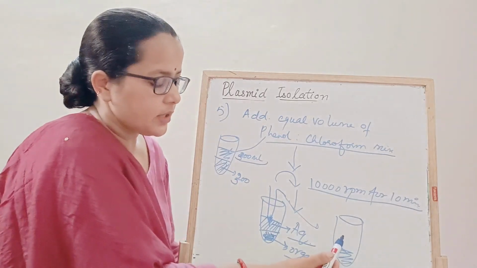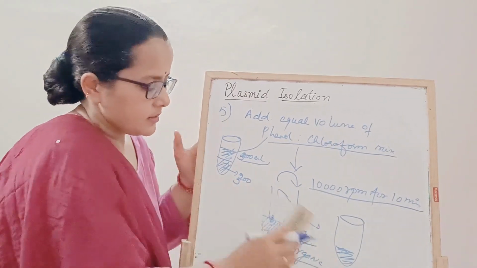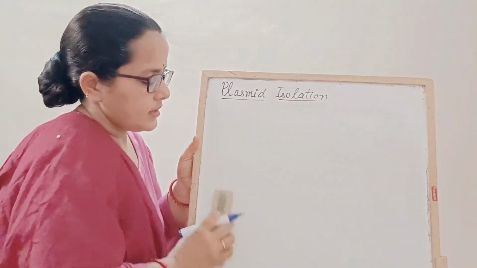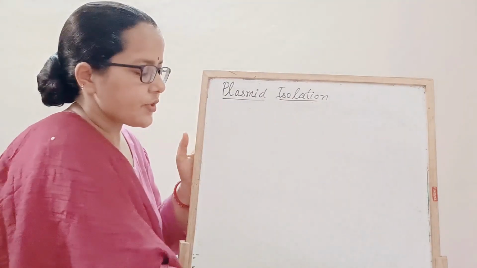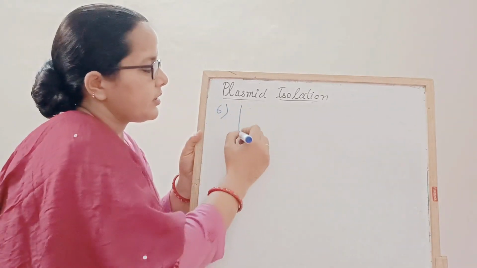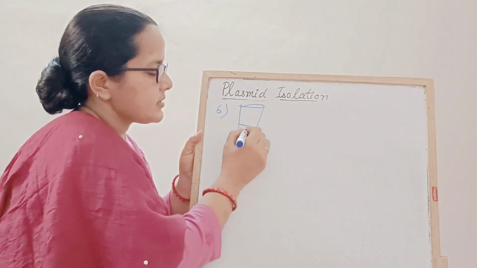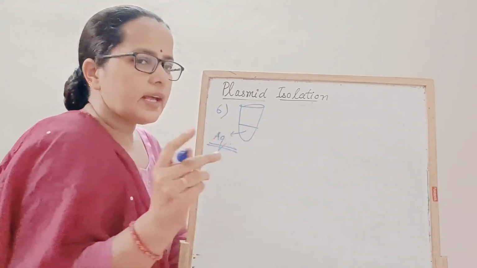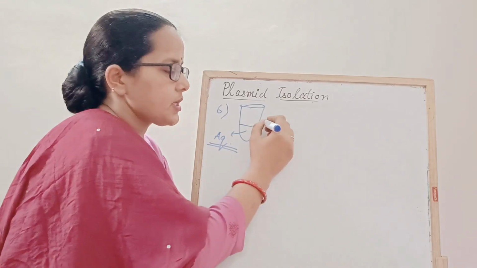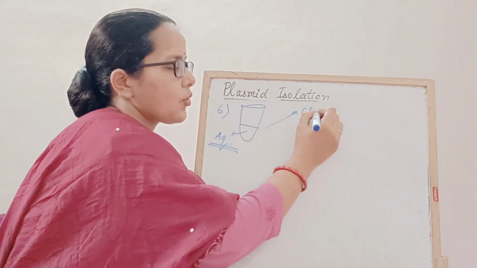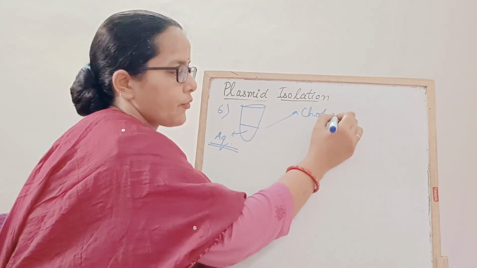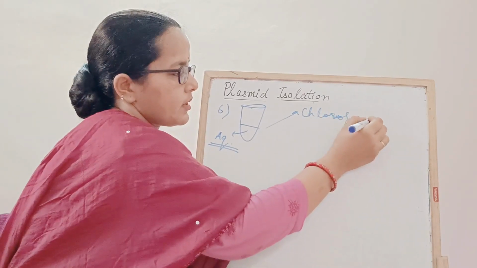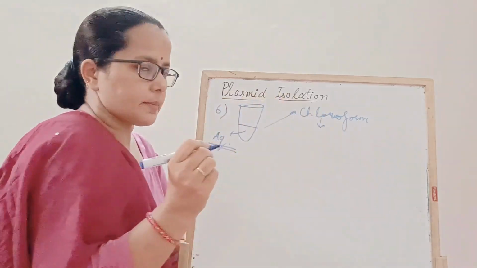Once you have transferred your aqueous phase to the new MCT, now there are two options for this aqueous phase. One option is, some people add an equal volume of pure chloroform and repeat the step.